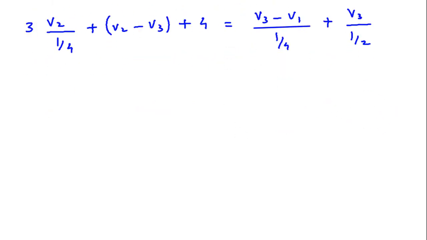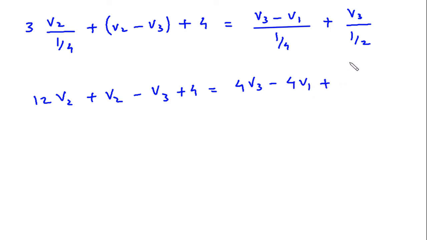Now we will simplify this. So this will be 12V2 plus V2 minus V3 plus 4 is equal to 4V3 minus 4V1 plus 2V3.